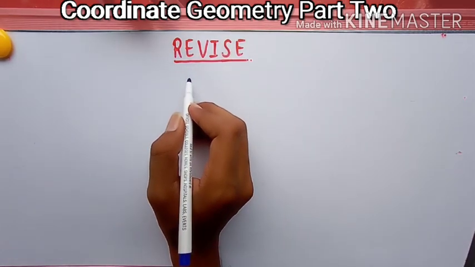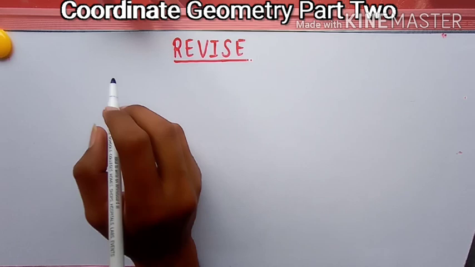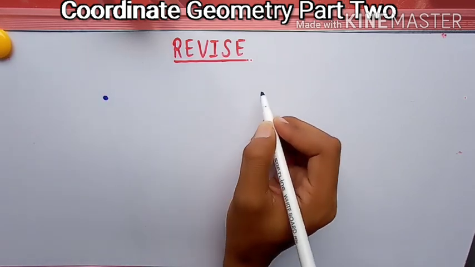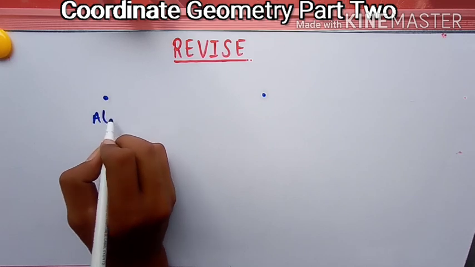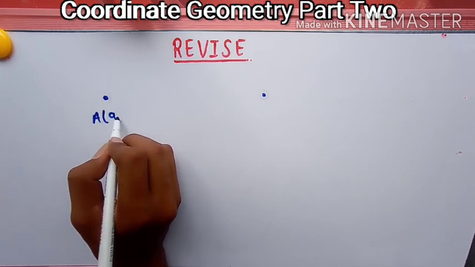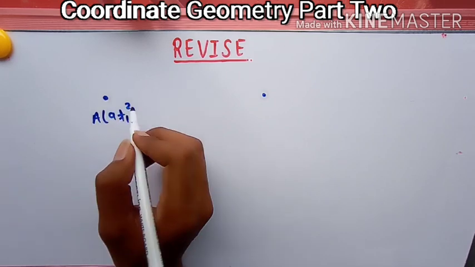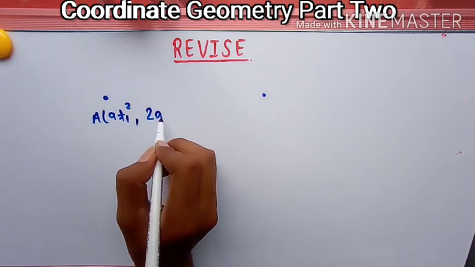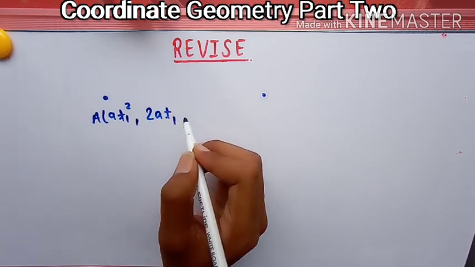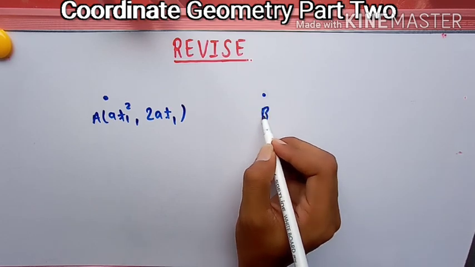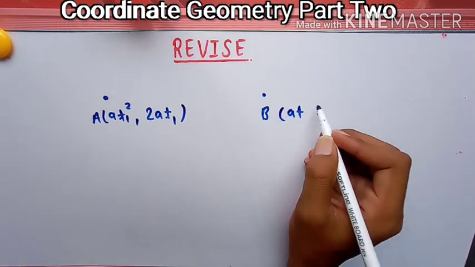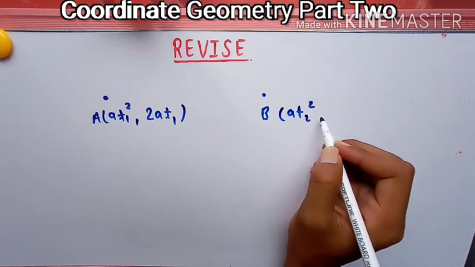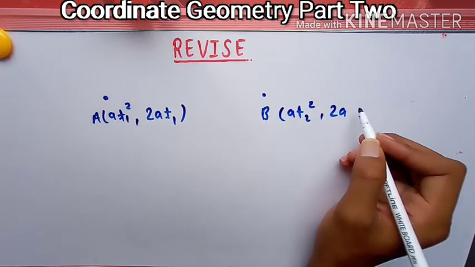For distance formula, I have chosen a question. Two points and their coordinates are given as A (a t1 square, 2a t1) and B point is given as (a t2 square, 2a t2).